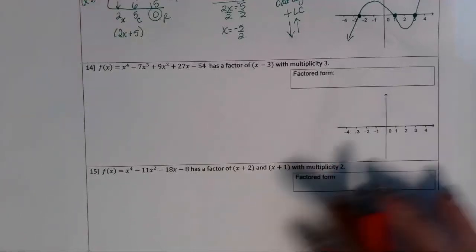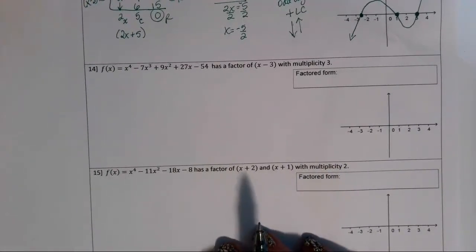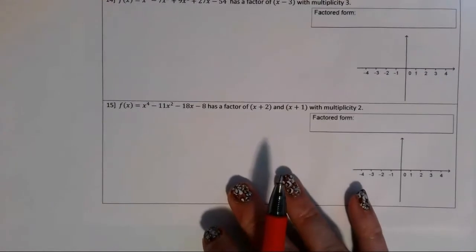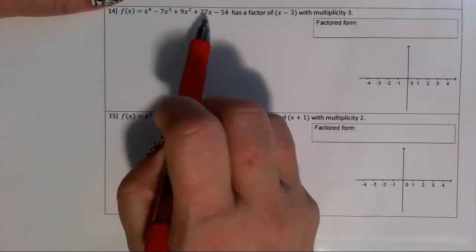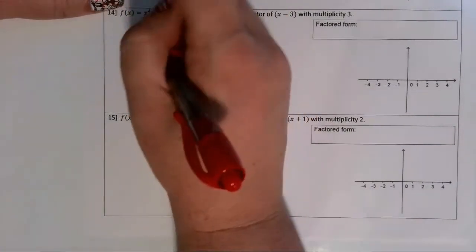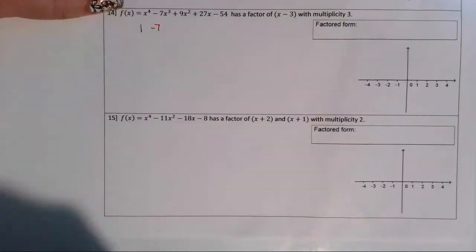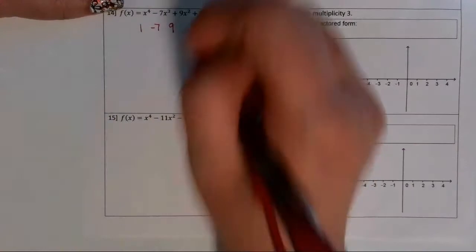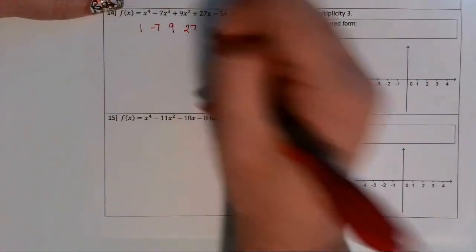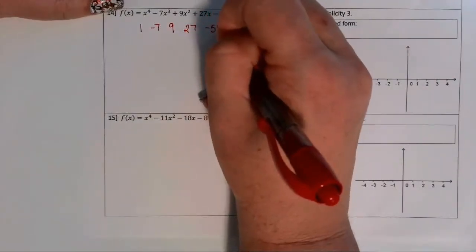Hey, welcome back to number 14 in the practice worksheet for synthetic division. Our polynomial f of x has coefficients of 1x to the fourth minus 7x cubed plus 9x squared plus 27x, and then a constant of negative 54.